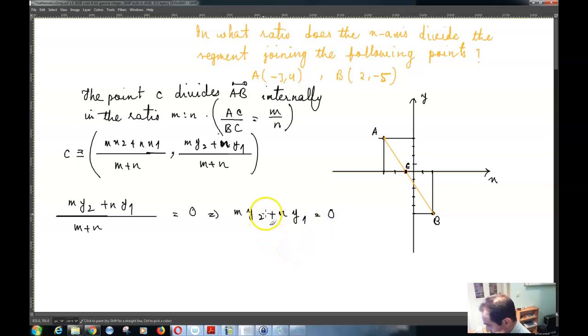And so what that means is, based on what I've written, I should take this as point 2, and take this as point 1. So then y2 is 5, and m times 5 plus n times y1, which is equal to negative 4, is equal to 0. Hmm, so 5m minus 4n is equal to 0.